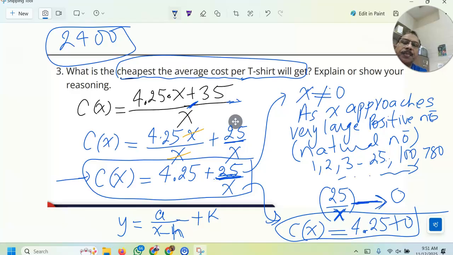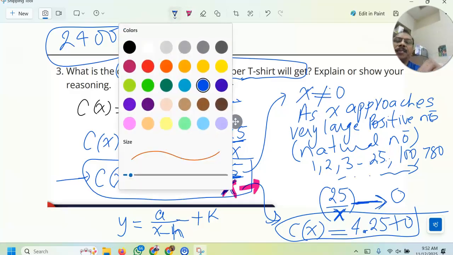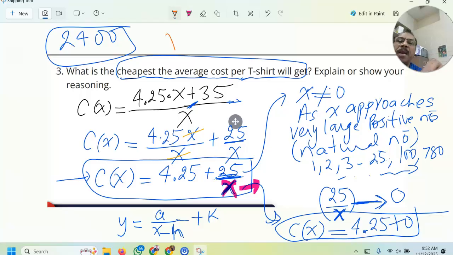Now here, last time we have also seen that x equals 0. See this, let me put the color for this. The denominator x, we say that x equals 0 is the vertical asymptote. See this piece? So x equals 0 is a vertical asymptote.